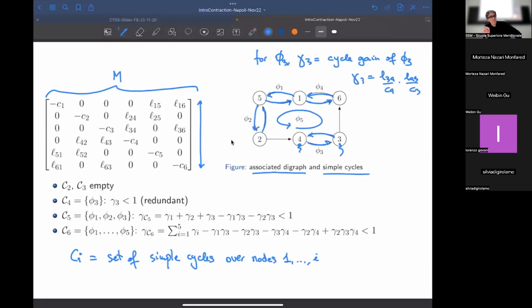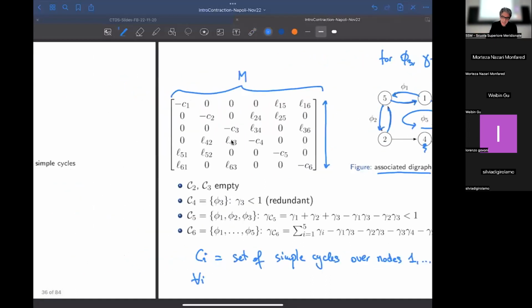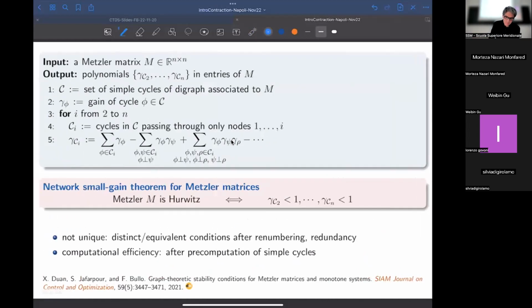You look at all of the simple cycles that touch the nodes 1, 2, 3, all the way to I. At the end, you touch all the nodes, so it's all the simple cycles. You have n such nodes and n such sets. The first set is always empty because if you have a single node, you cannot have a cycle. Now, for all I, when I runs from 2 to n, you compute this set of simple cycles, and then you define this object here.